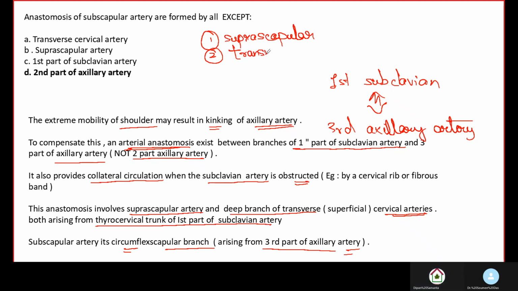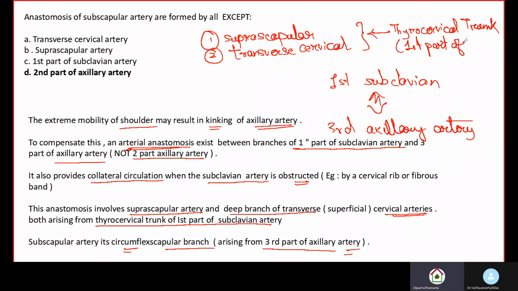Both arise from the thyrocervical trunk of the first part of the subclavian artery.